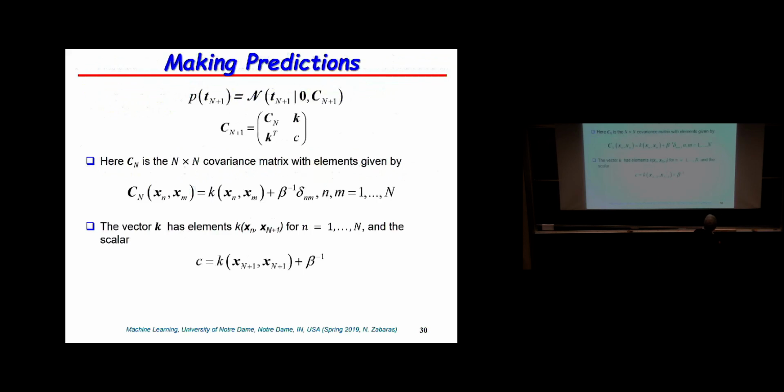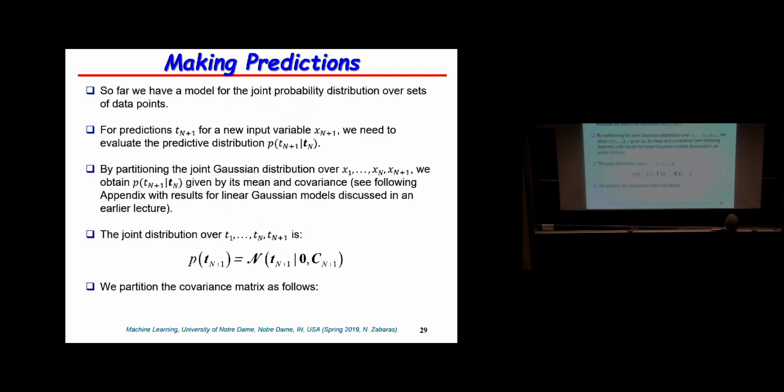Okay, so these are observations, right? This is the probability of my evidence of these observations for a multivariate Gaussian. Remember now what my objective is. My objective is to know the predicted distribution. If I have observed at the points x1 to xn, if I have observed t1 to t capital N, I would like to know the distribution of tn plus 1 given this bold T capital N, at the point xn plus 1.